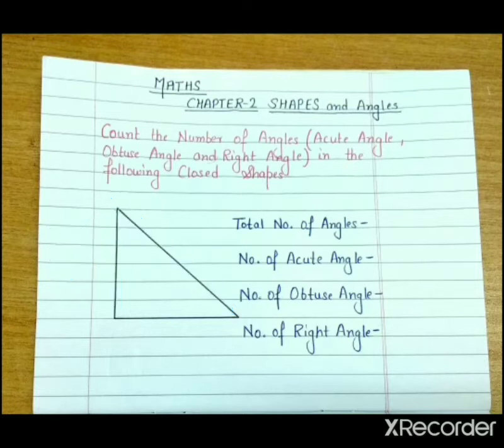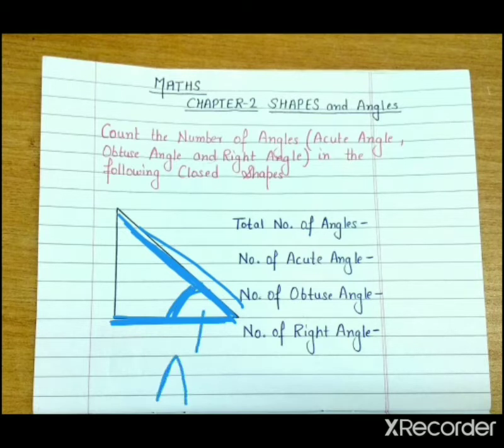Now the third one. This is considered as the baseline, and this line is not standing straight on another line. This is less than 90 degrees. So these two lines are making this angle, and this angle is less than 90 degrees.